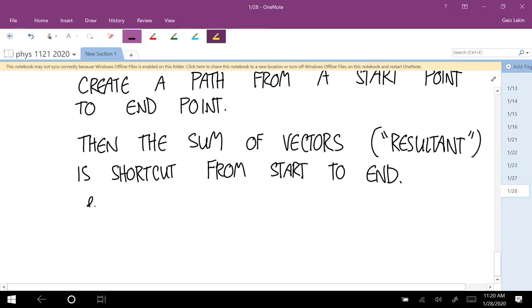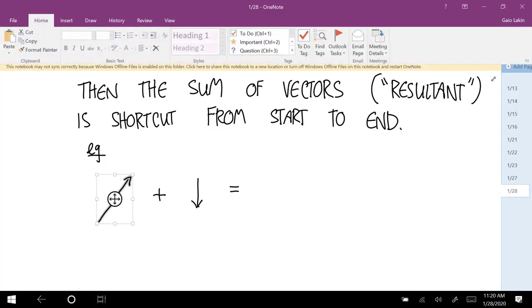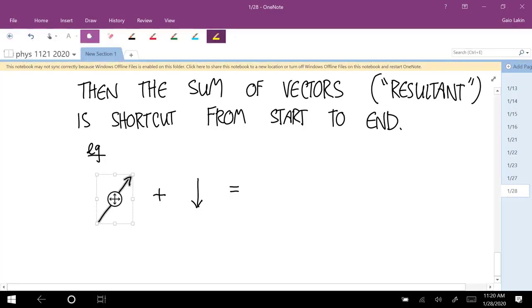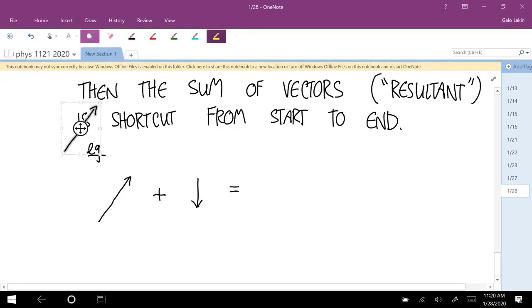Okay, so here's an example of this. So let's say that we have this vector and we want to add it to this vector. Okay, how are we going to do that? Okay, so I'm going to choose some starting point.